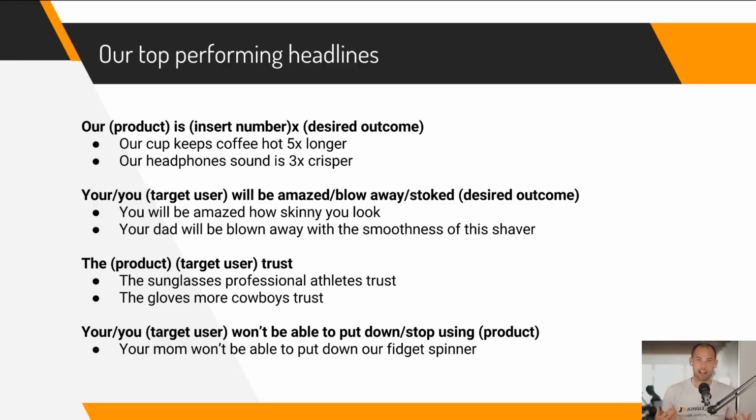Maybe I want it to keep my coffee hot longer, or with headphones, it sounds crisper or nicer, or something along those lines. If I'm selling my Jungle Scout sunglasses here, then maybe I would say, our sunglasses cut twice as much glare, something along those lines. So you can use this as a formula for your own product.